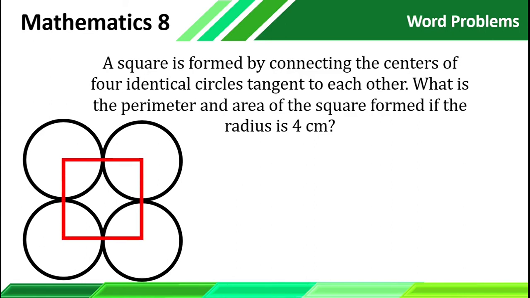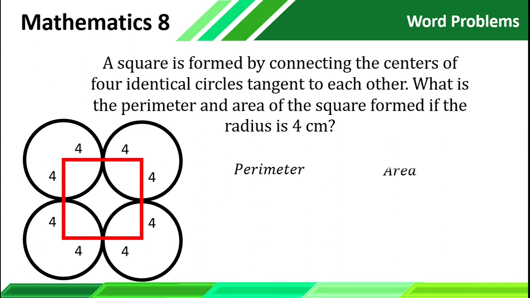In this given problem, it is also stated that the radius is 4 cm. Now, when we combine two radii, it is the side of the square. So, 4 plus 4 is equal to 8. So, each side of our square is 8 cm.